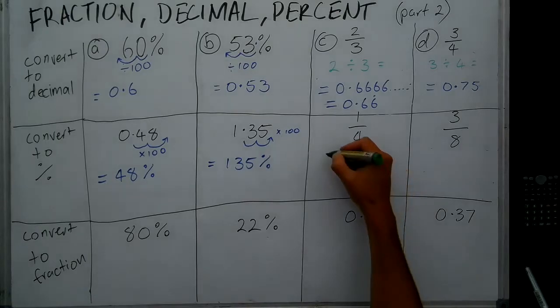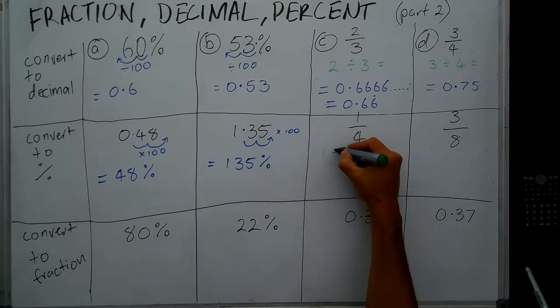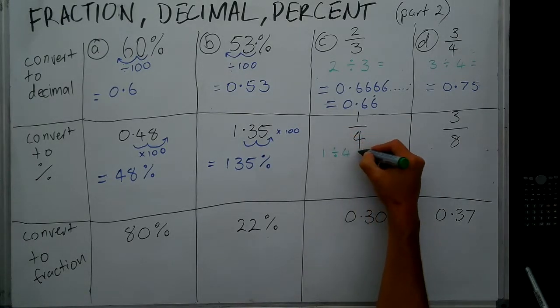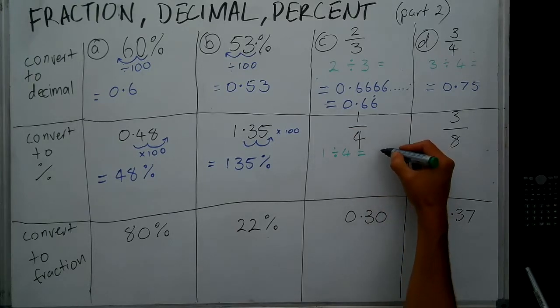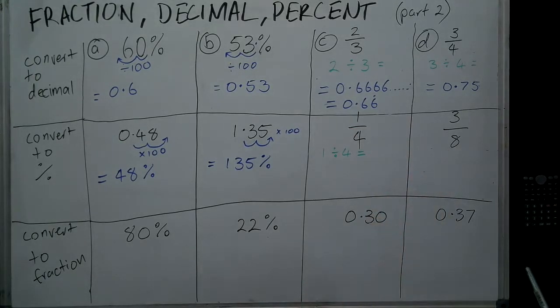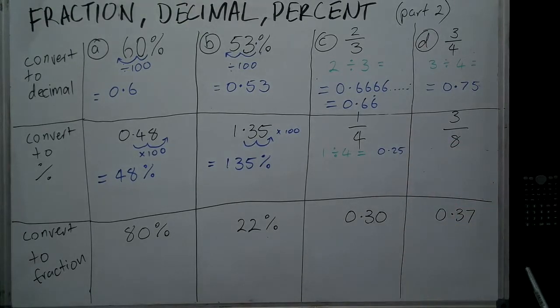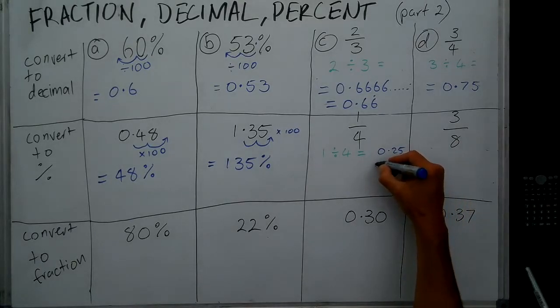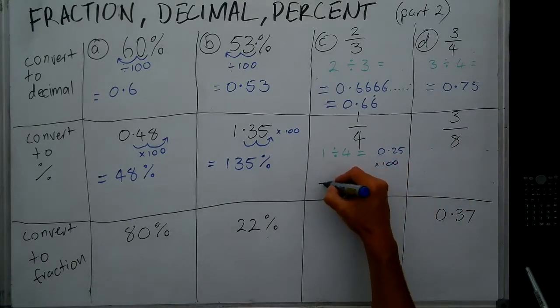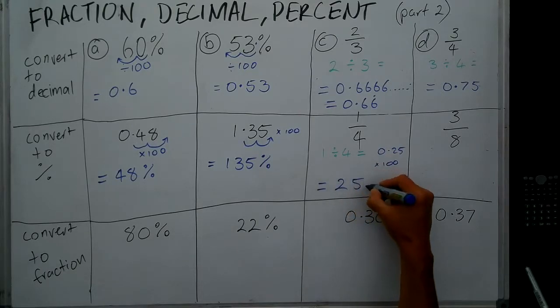So on the calculator, you type in 1 divided by 4 equals, and your calculator is going to tell you 0.25, and then we want to multiply that by 100. So we're going to end up with 25%.